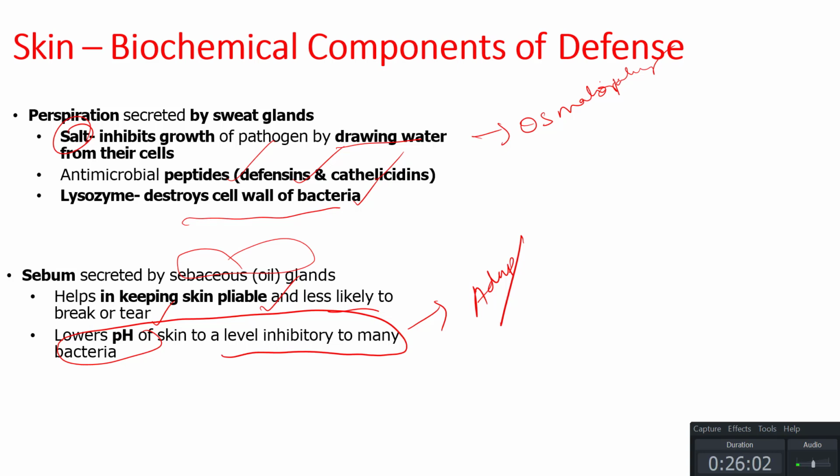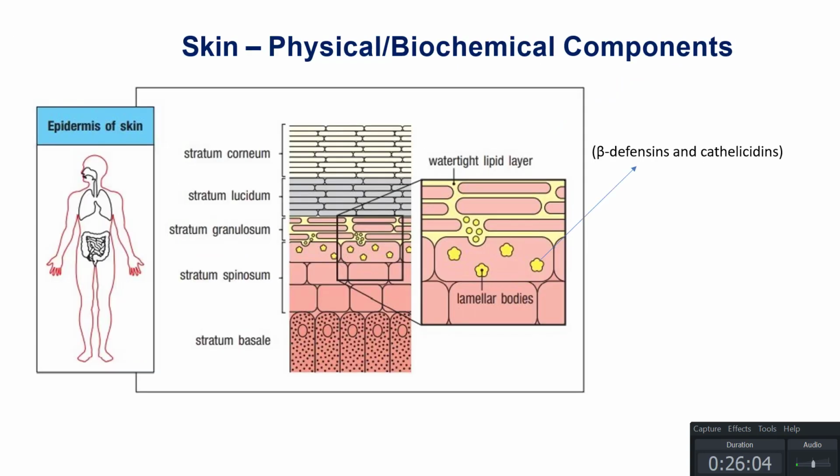Skin, we talked so far, that will stop the pathogens. So this is one such example of the epidermis of the skin. It has the stratum corneum, which will be having most of the keratin. Then the stratum lucidum will be there, and then the stratum granulosum, and then the stratum spinosum will be there. So here I just wanted to focus on the granulosum and then the spinosum.